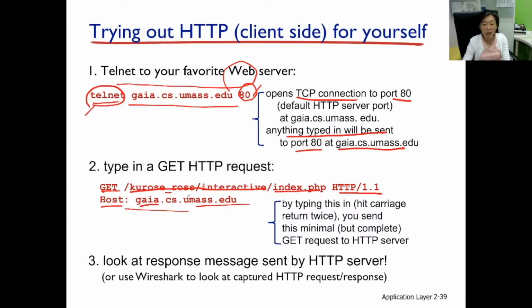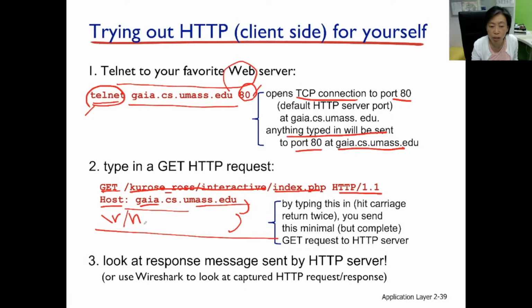Essentially, we are trying to act as a human web browser, by typing an HTTP request message right here. Once we are done with this, we hit return, and then we hit return again. It needs to have a \r\n here in order to complete the HTTP request. So the whole thing is going to be like this.